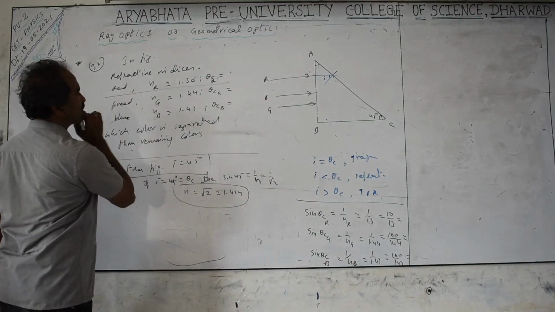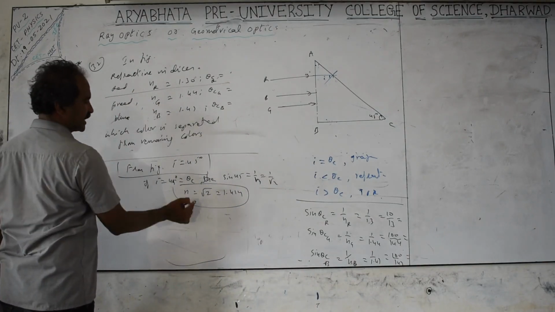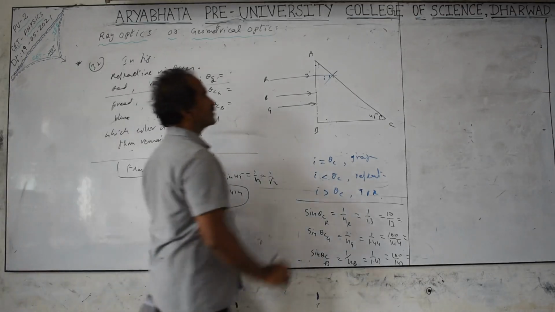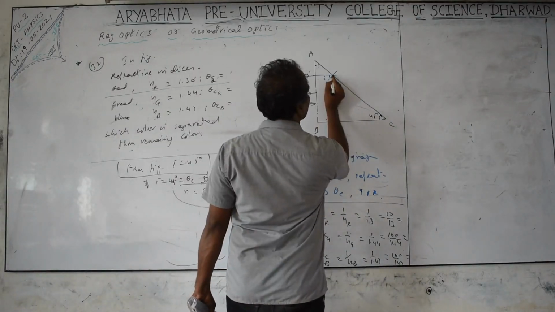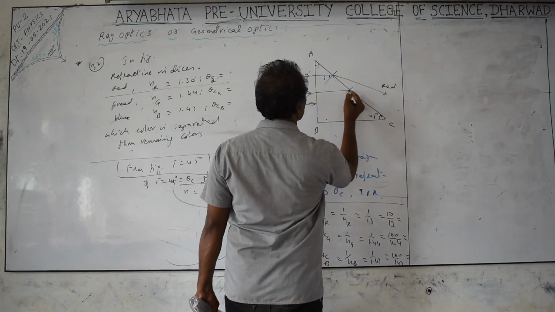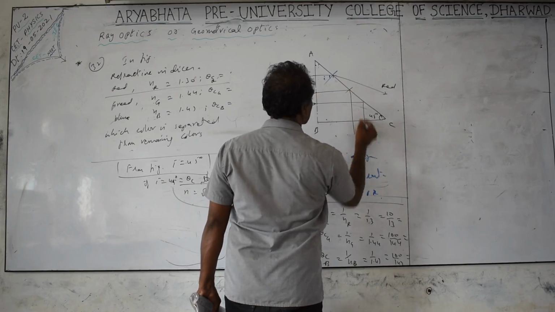In this case, the ones having more than these values are green and blue, exceeding these values. But red is not exceeding the value. In that case, red does not take the total reflection. Red goes into the second medium but deviates, of course. This is the red light. But the remaining colors will be taking total internal reflection.